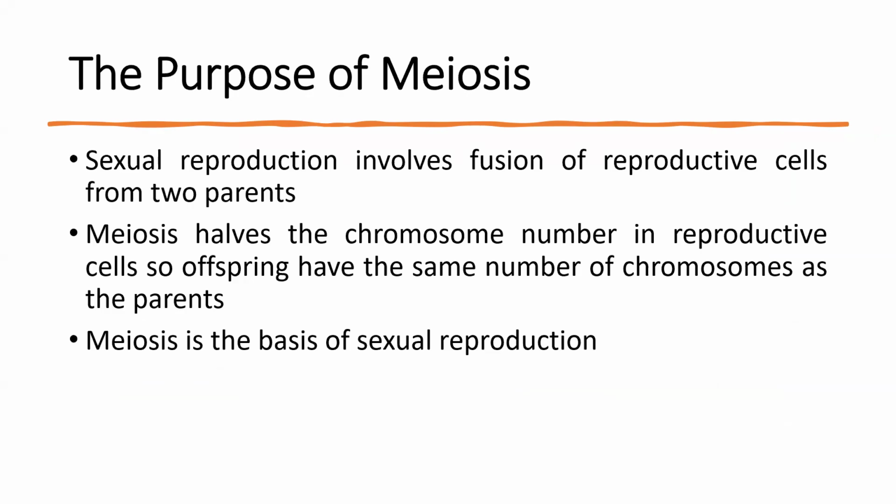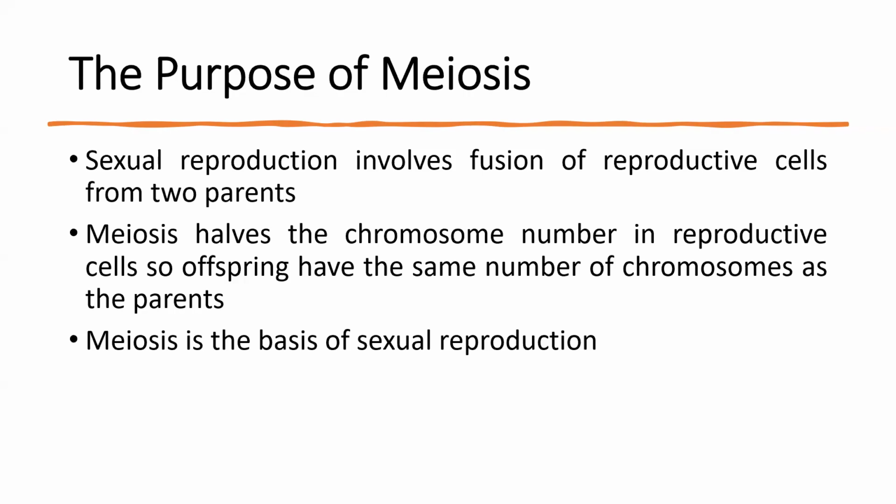You might remember mitosis is used by some organisms as a way of asexual reproduction. The advantage of asexual reproduction is that you only need one organism. It doesn't require as much energy and it can happen relatively quickly. But the biggest problem with asexual reproduction is the lack of genetic diversity.